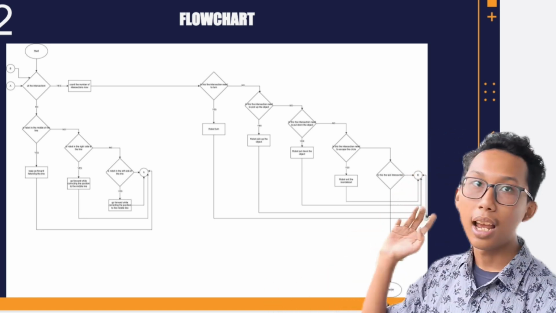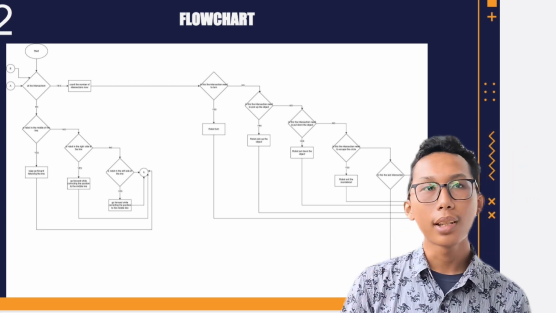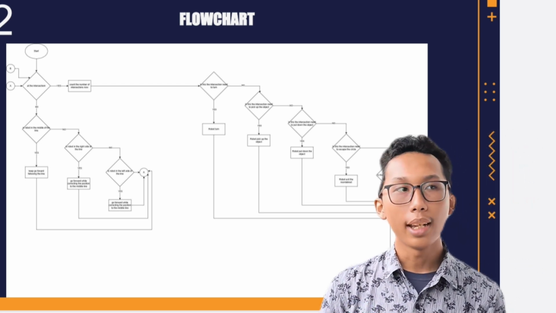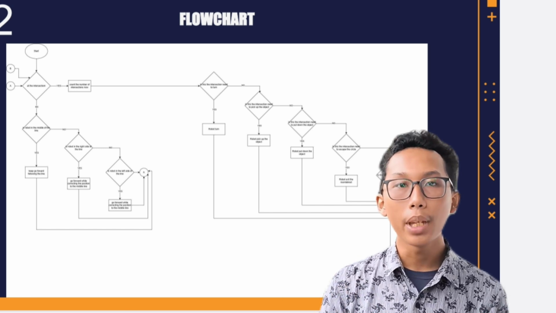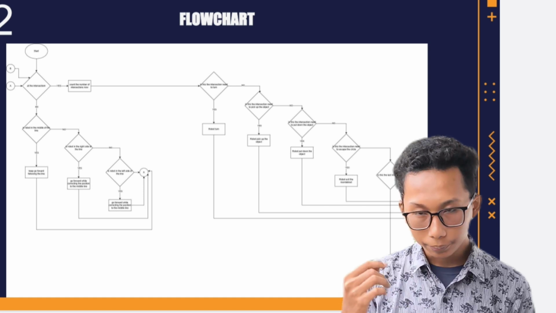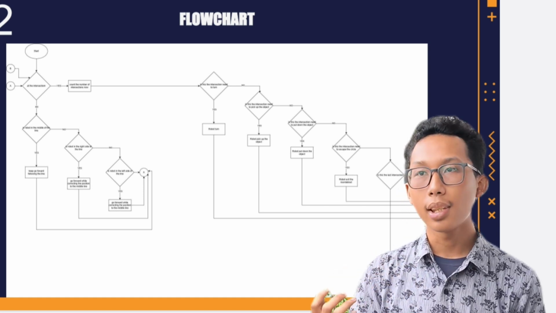To realize our flowchart, of course, we need a code. Our code is made in the form of OOP. Why do we use OOP?